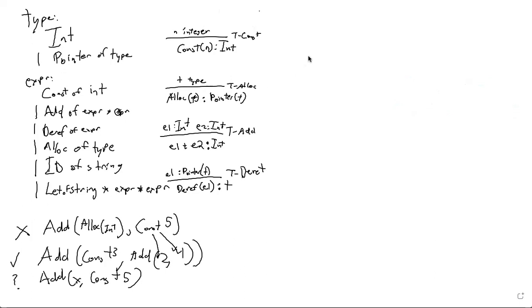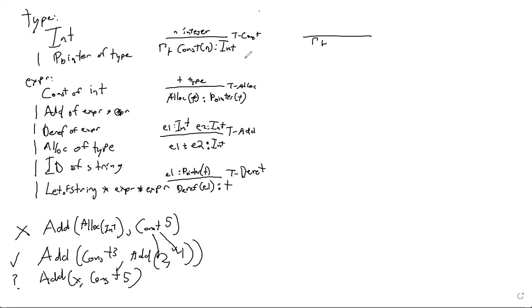So we're going to have something that looks like this: gamma entails that, let's change this one, for example, under some particular environment, in fact any particular environment, const n is going to be of type int. Just to look at the pieces here, gamma is a variable that refers to an environment.